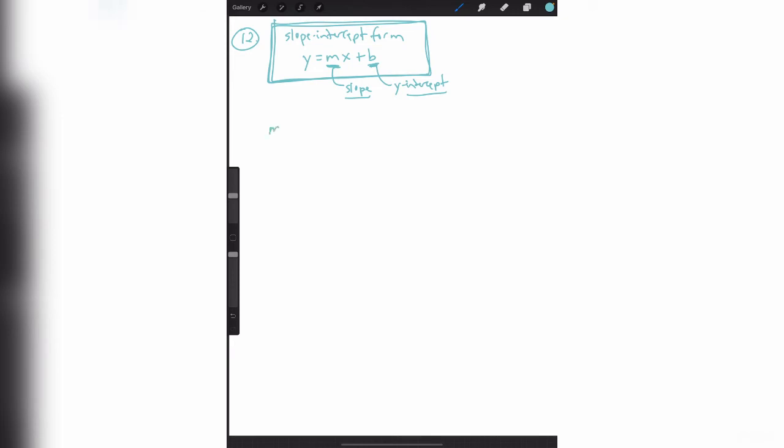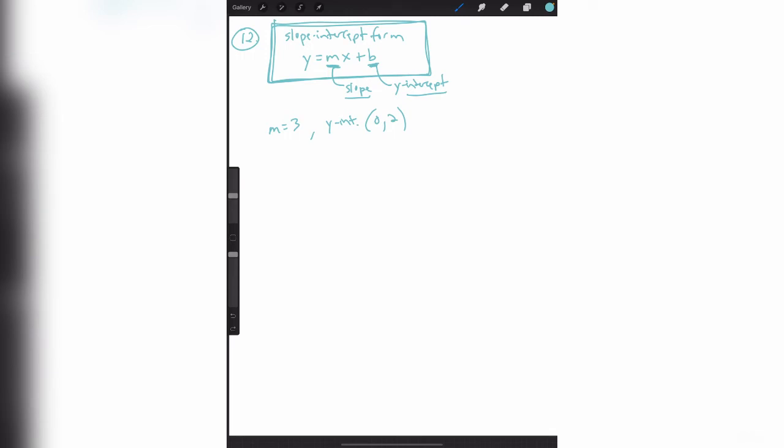So they've given us m is equal to 3, okay, and the y-intercept is (0, 2). I'm just going to abbreviate y-intercept as y-int. The y-intercept is (0, 2), which means that really the y-intercept is 2.